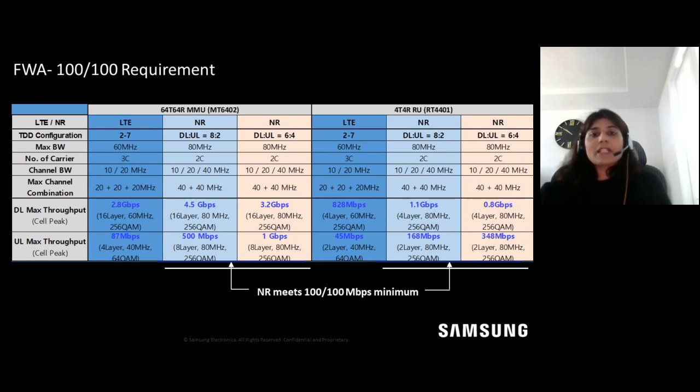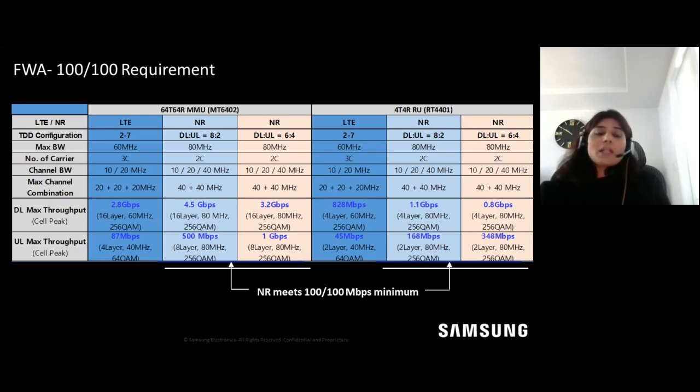If we look at the 4T4R capacities as well, they are pretty good. For an 8:2 configuration, we can reach up to 1 gig capacity in downlink, and for a 6:4 configuration, downlink is slightly lower, but in uplink we can reach up to 348 Mbps.